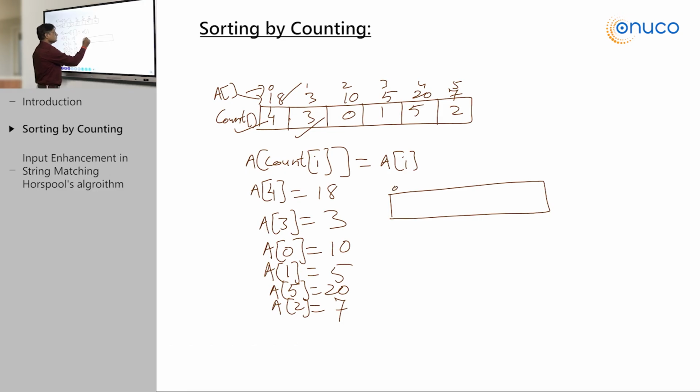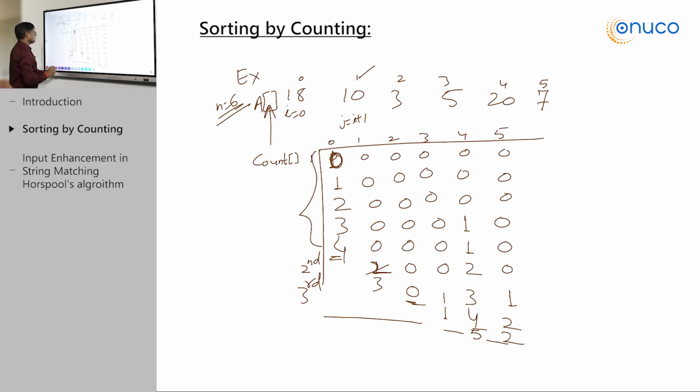A of 0, 1, 2, 3, 4, 5. See what values A has at each index. Earlier it was 18, 10, 3.